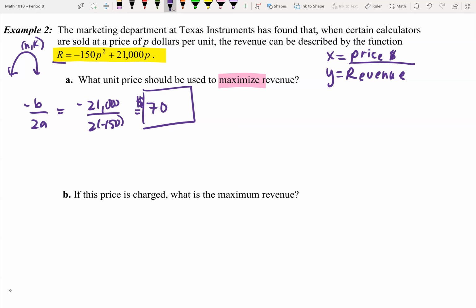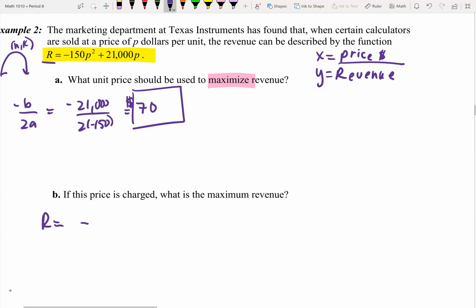Question B. If you charge $70, what is the maximum revenue? What's the revenue, guys? That's the Y. So what do you do? Plug in your x. That's all you do. Everybody go R equals negative 150, parentheses 70, square it, plus 21,000 times 70. Grab your calculator.